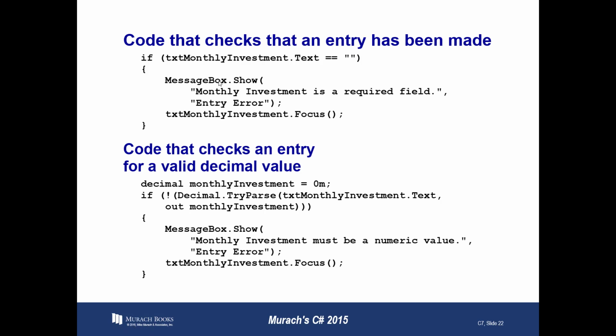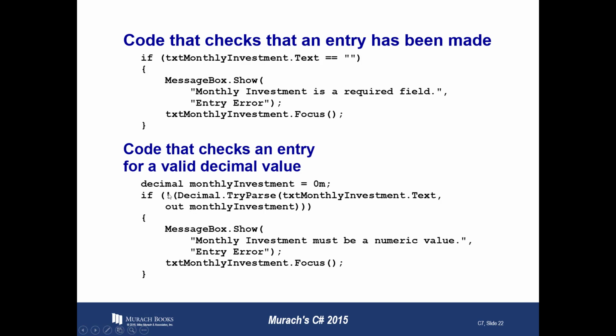That's what we did in the payroll program, the payroll console, to make sure we had a value in for the first name, we had a value in for the last name. Then in our payroll console program, when we checked for hours worked and hourly rate, we did check to see if there was something there.